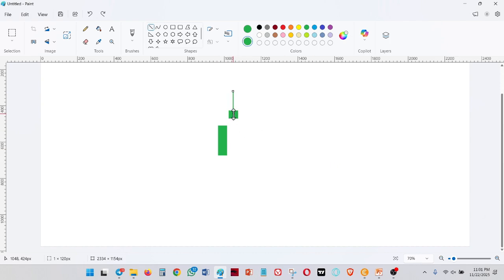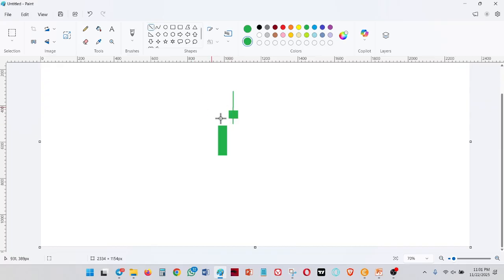Sometimes it can even cross a little bit like this, but just make sure that the upper side of the wick is twice or 3 times the lower side of the wick.